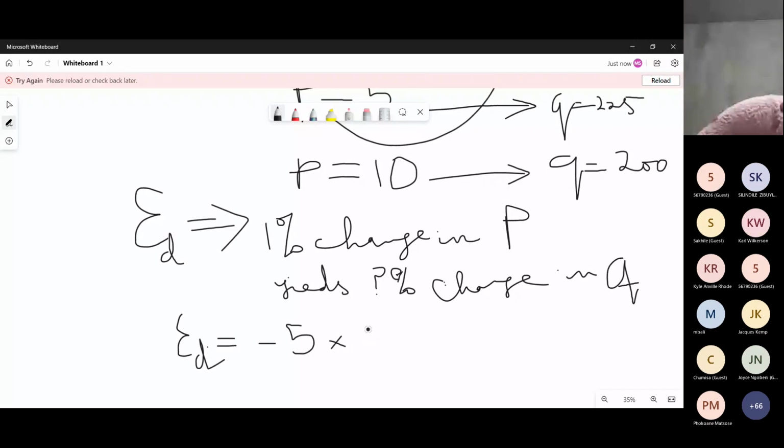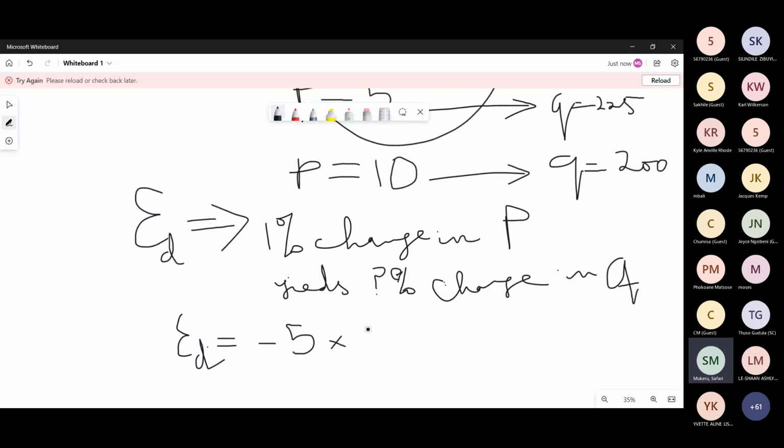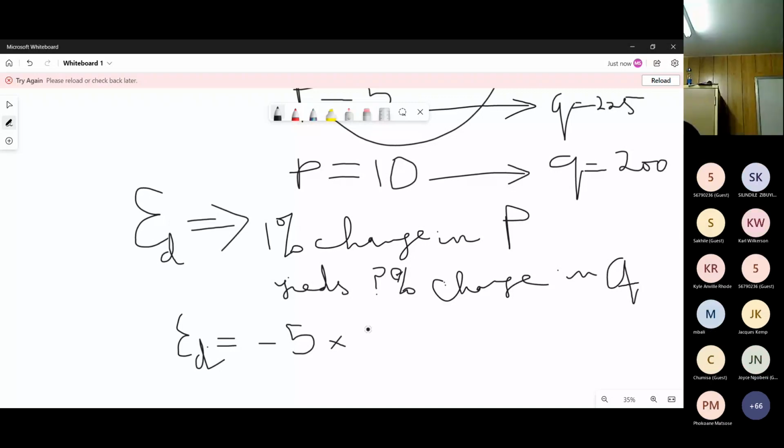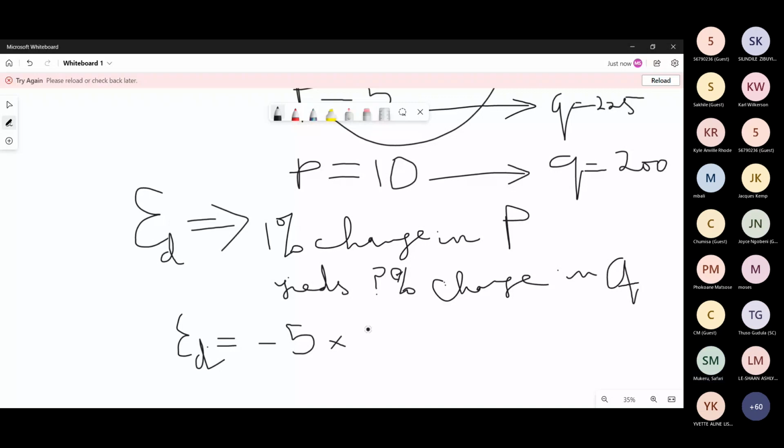Please check if someone is unmuted again. Please try to unmute. Great. Multiply by P divided by Q. Now to express everything in P, we can simply replace Q by its value, and we then have -5P multiplied by 250 minus 5P.